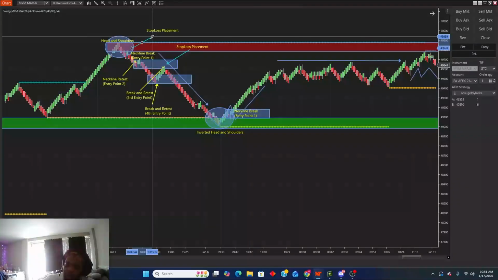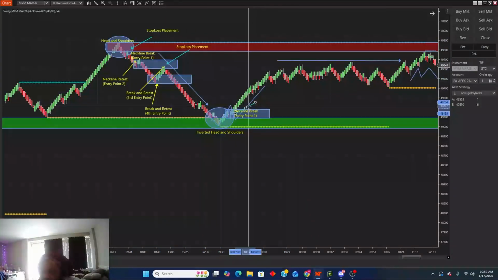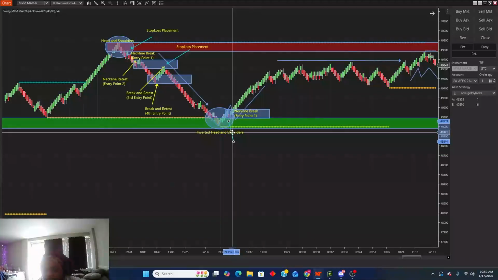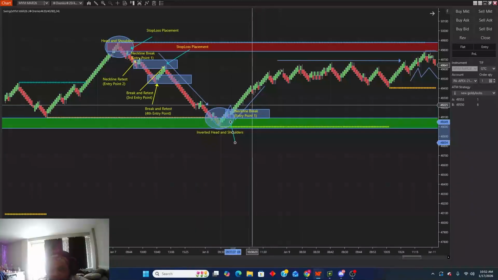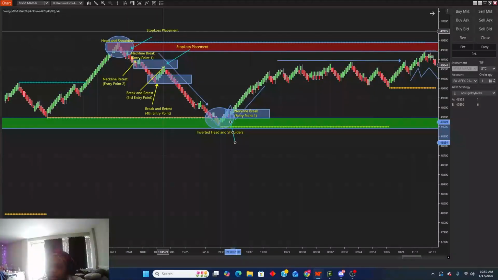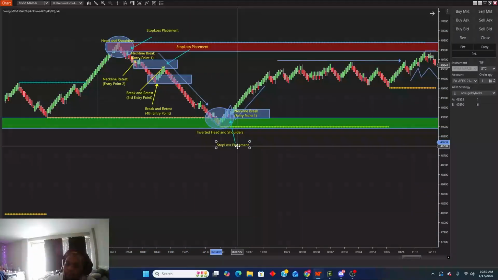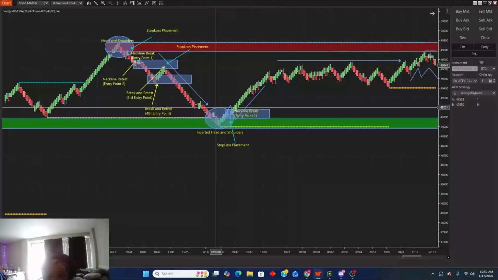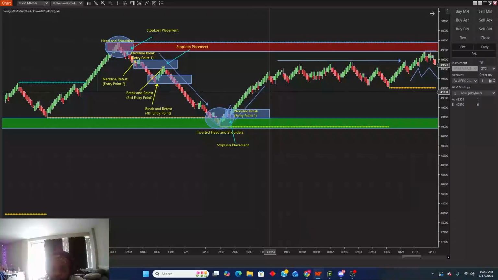This right here. Let's swing that around. Stop loss placement, underneath the right shoulder, this wick. Right? Right. Off the external. Super shoot. Up.